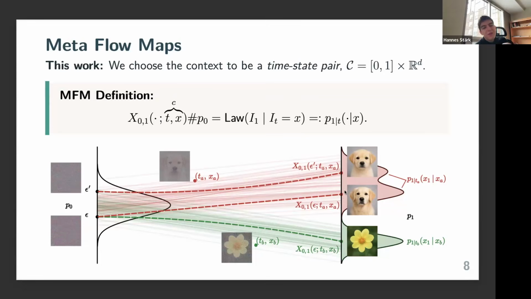Why do you call this meta flow maps? We just have a conditional model now, a class conditional model. Yeah, completely. Essentially, you have a collection of flow maps, and what's meta about it is that you're selecting from this infinite collection of flow maps by specifying what the context information is. And you're doing that by having a conditional model.